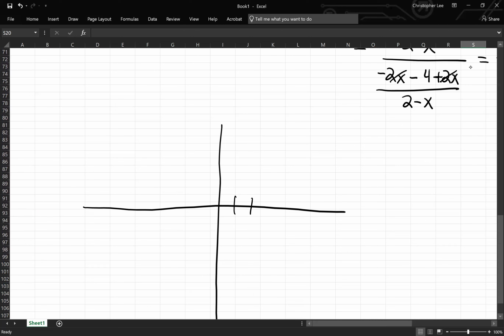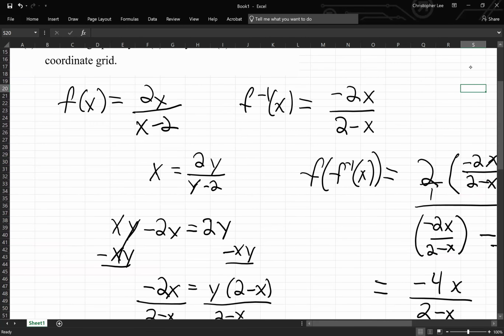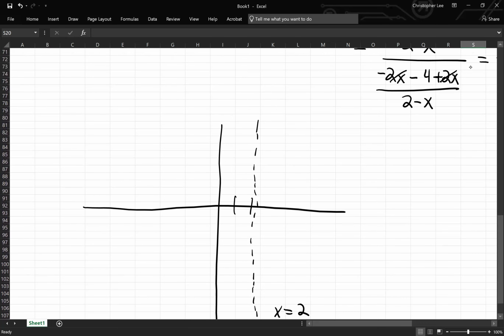So 1, 2. That's x equals 2. Let's see if I have a horizontal asymptote, right? And I do at y equals 2. So let's look at that. 1, 2. This is a line y equals 2, right?